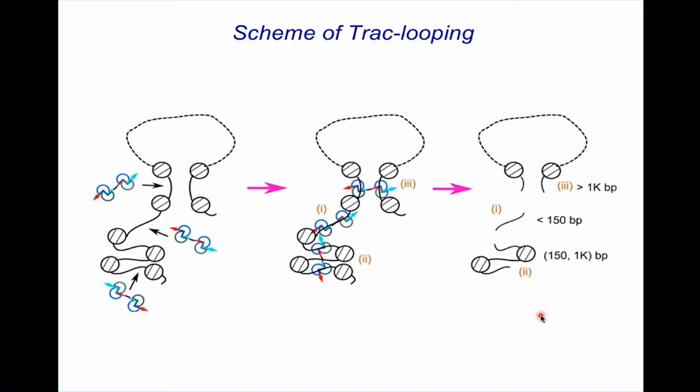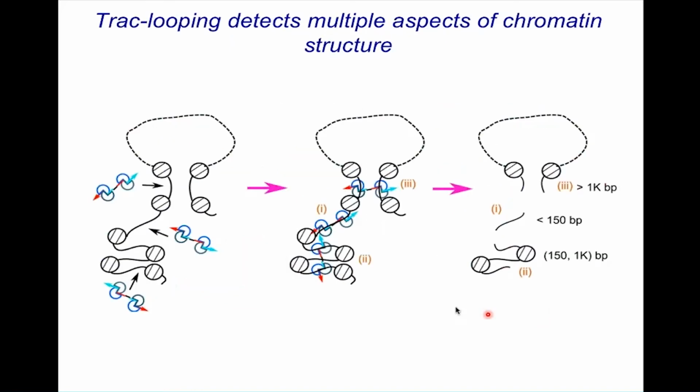Chromatin is organized into multiple different structures in the genome. It is a very heterogeneous structure: some regions are nucleosome-free and therefore accessible, other regions are highly folded, and still other regions contain promoter-enhancer interactions.